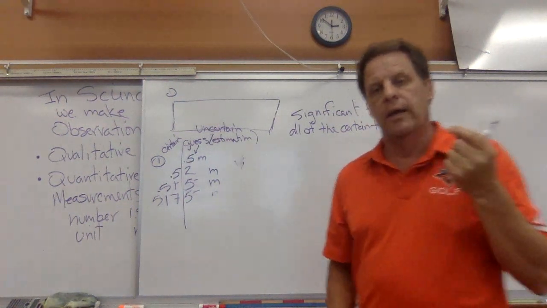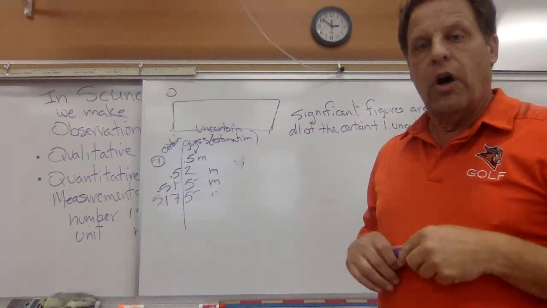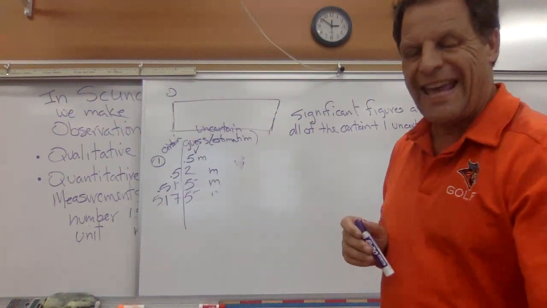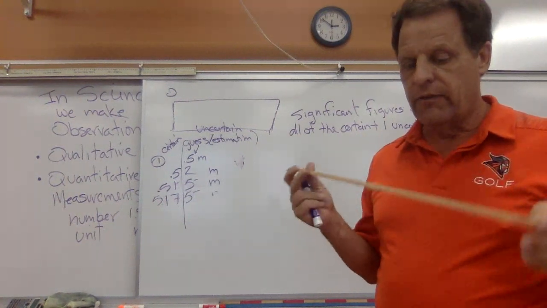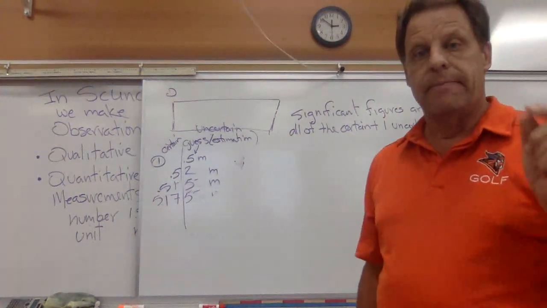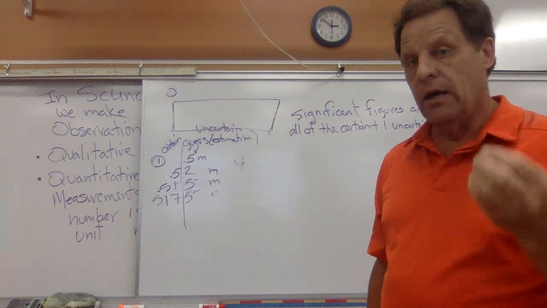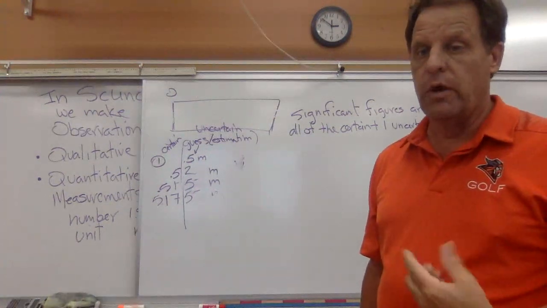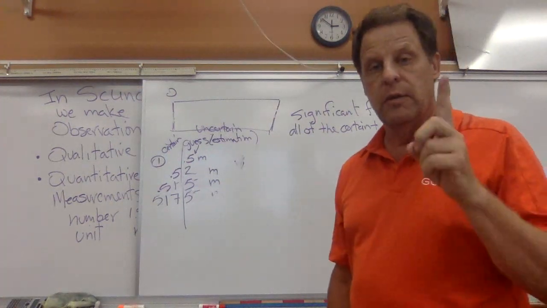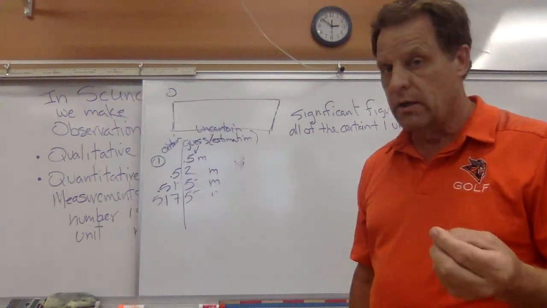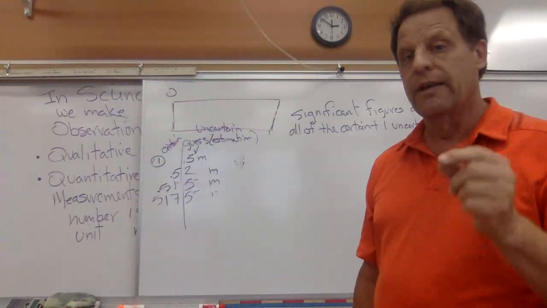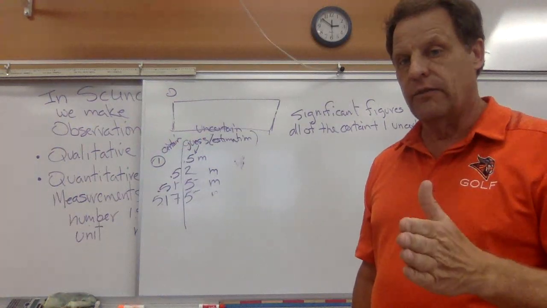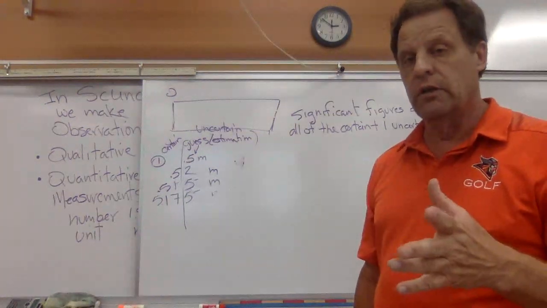So how uncertain are you? Now with any instrument that has been calibrated, there is going to be an understood precision. And what I mean by precision is plus or minus one of the last placeholder, that our last significant digit or our uncertain figure is.